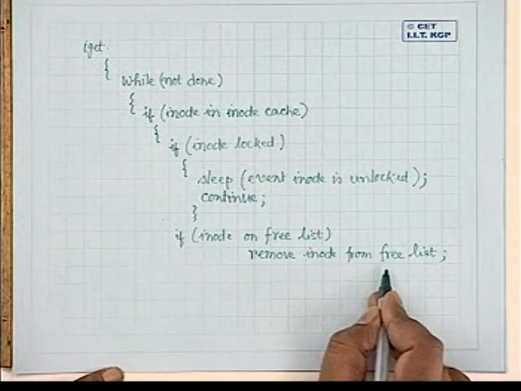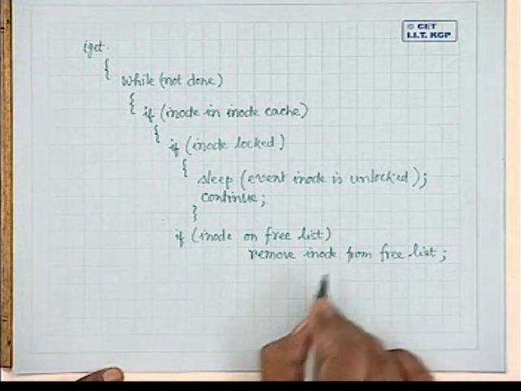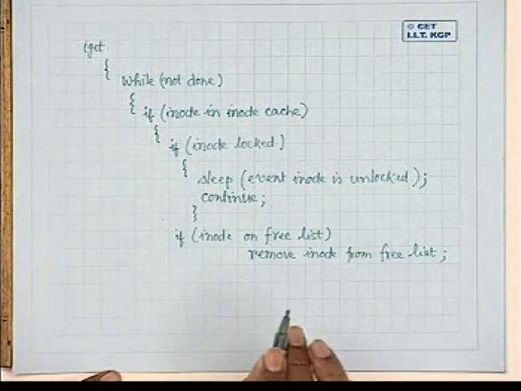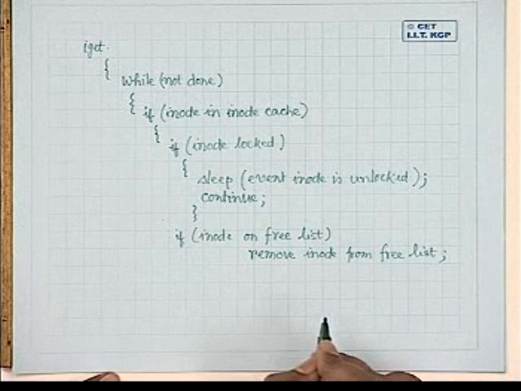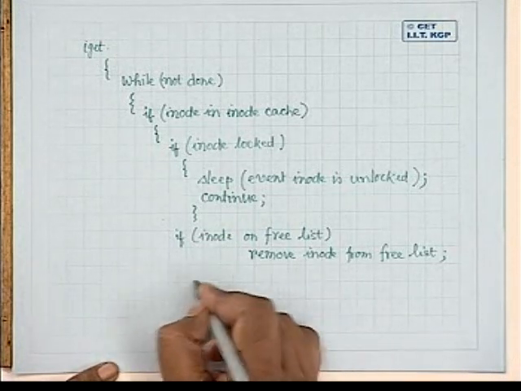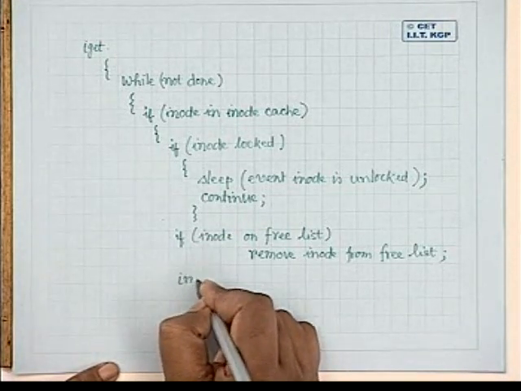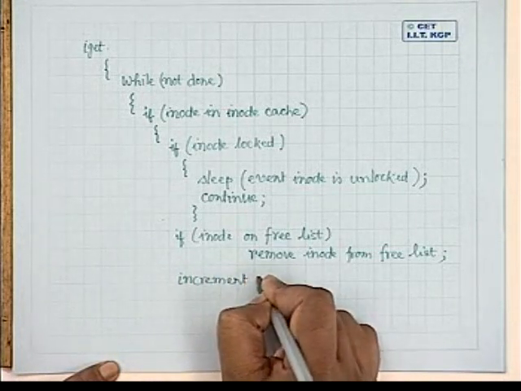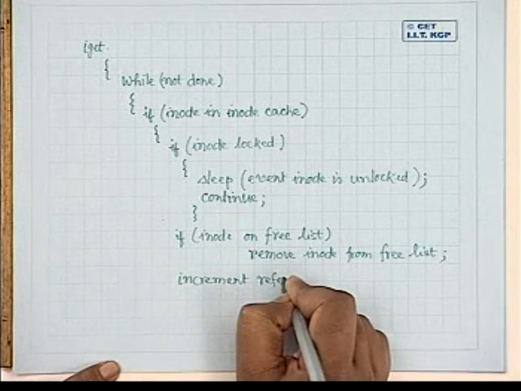And after removing this from the free list, because now another process has made this inode active, the reference count field has to be changed to 1. Earlier it was 0. So what I have to do is increment the reference count field.